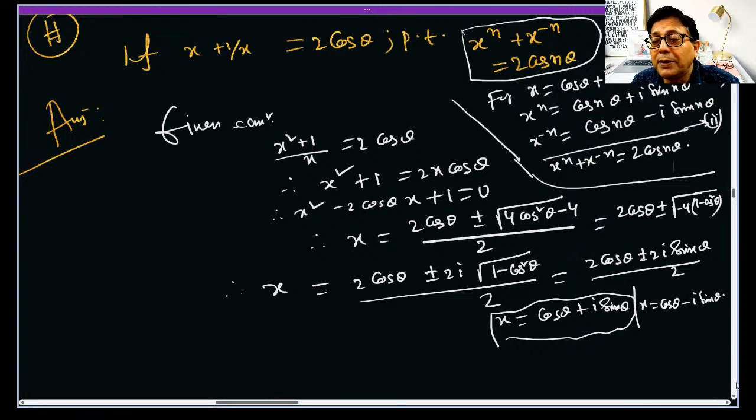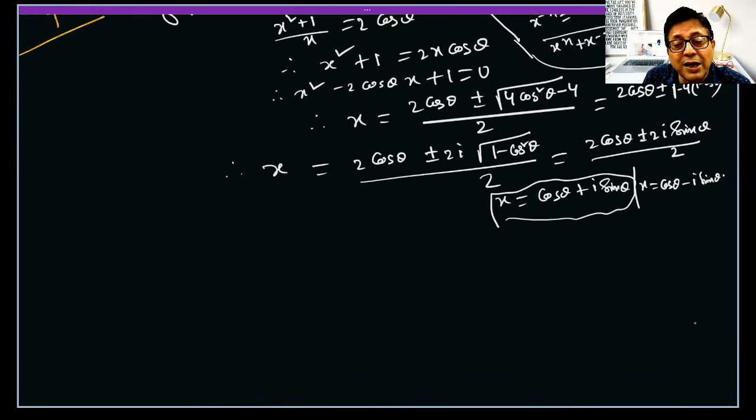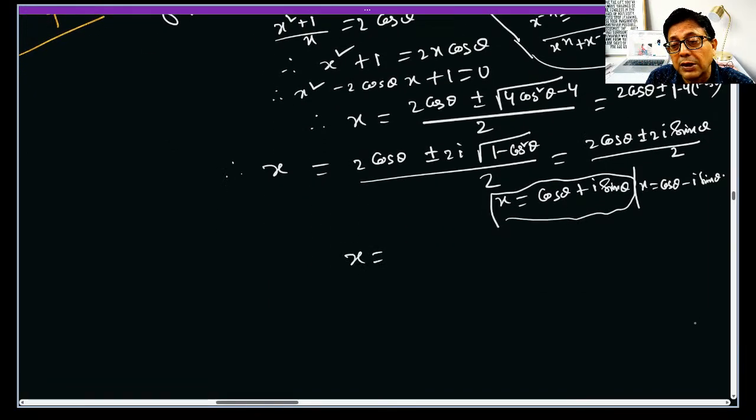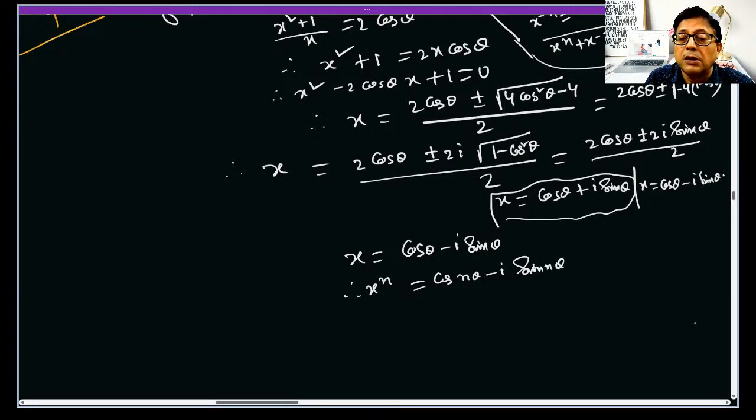This way you can, even if you take x equal to cos theta minus i sin theta, it is better you show by that also. Cos n theta minus i sin n theta. Okay, what I am going to tell you, if you say that no, I don't understand, then I have to tell you.